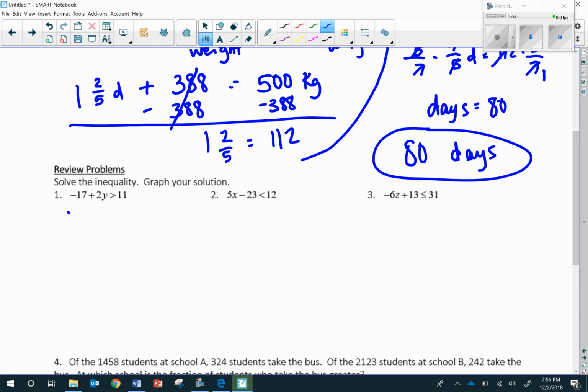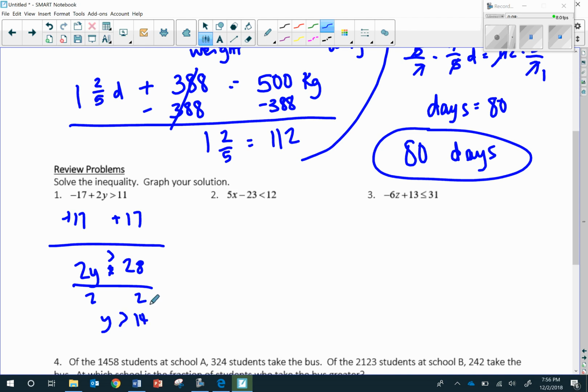So I'm going to add 17 to both sides. When I do that, I have 2y is greater than 28. Then to solve for y, I simply divide by 2. So y is greater than 14.